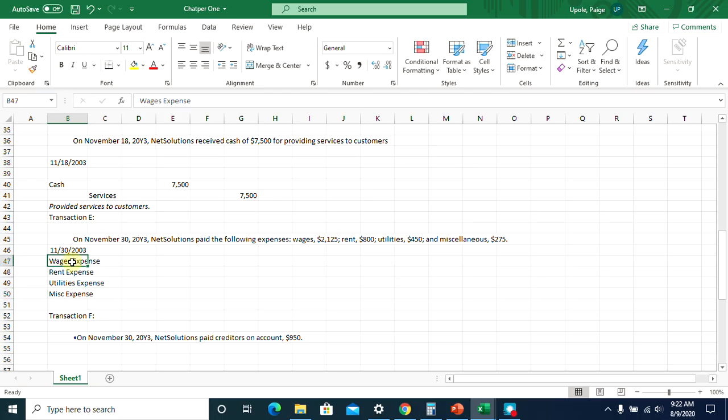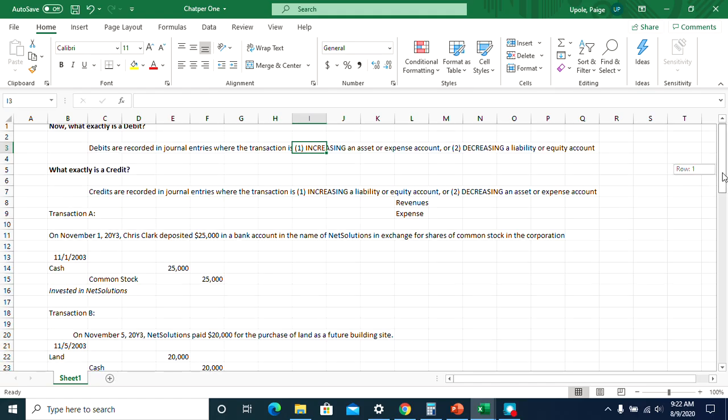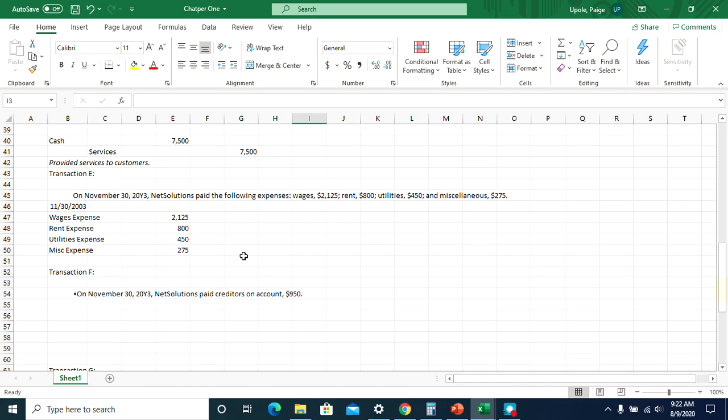so I debited all of these things. So the wages were 2,125, rent was 800, utilities were 450, miscellaneous was 275. Why did I debit them? If we go back up to our working definition, we debit something if it's increasing an asset or an expense account. Remember, our expenses are increased because we paid all of these different types of expenses: wage, rent, utilities, and we paid them with cash.